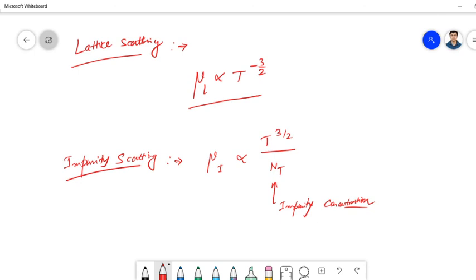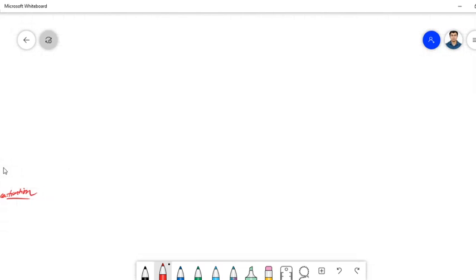Now coming to the probability of collision per unit time. We know tau c is the mean free time, right? So 1 by tau c is nothing but the probability of collision.